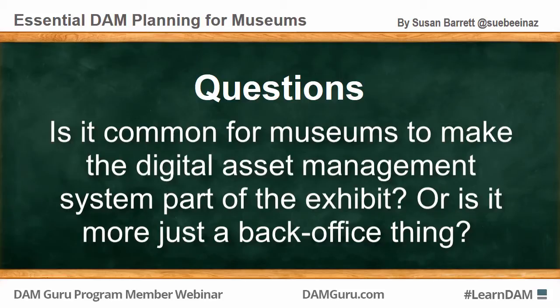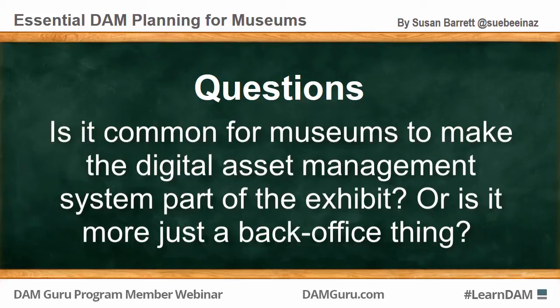If you had the opportunity to rebuild your physical museum space, you would maybe change things around, maybe have more storage facilities or more exhibit space or something like that. When you're looking at building a digital asset management system, you are building your digital infrastructure, your digital house.